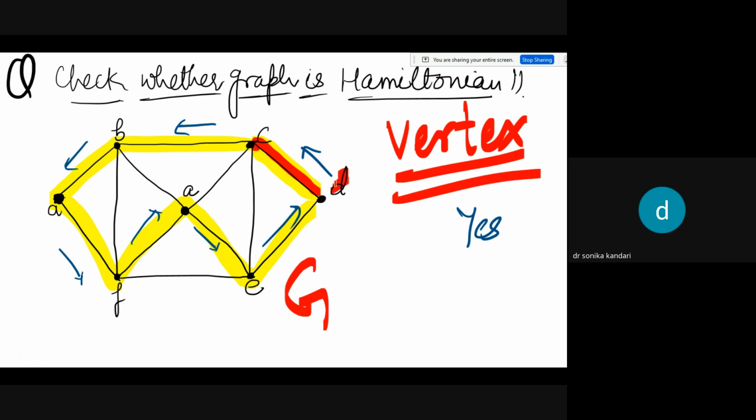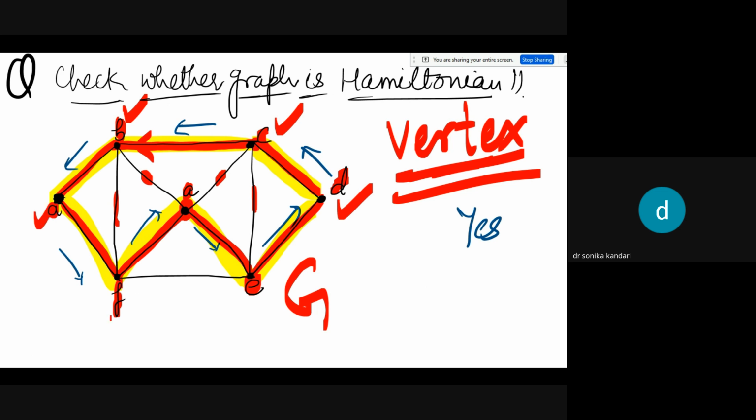We have covered D. We have covered C. Moving ahead, we have covered B. Moving ahead, we have covered A. We have covered F. We have covered E. Coming back to D. Few edges are remaining, but we need not be concerned about the edges. We are concerned about the vertices. So we have covered all the vertices exactly once. So this graph is our Hamiltonian graph.